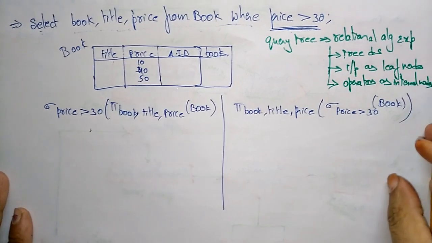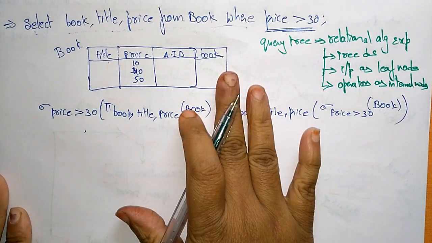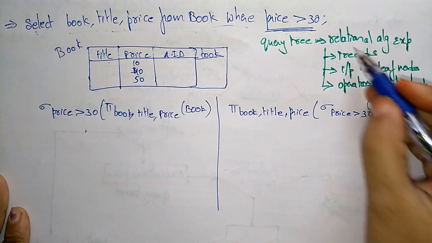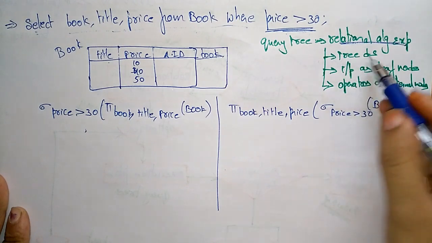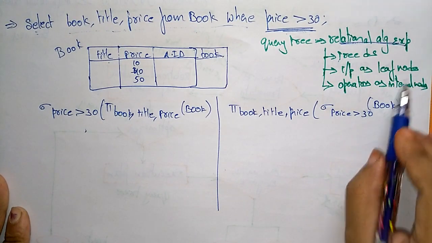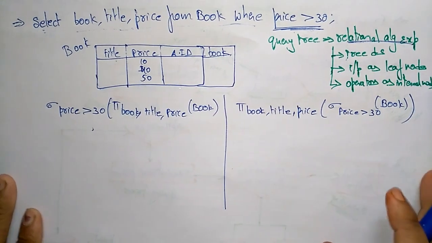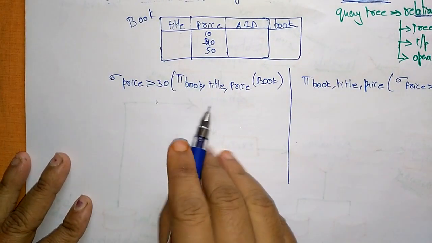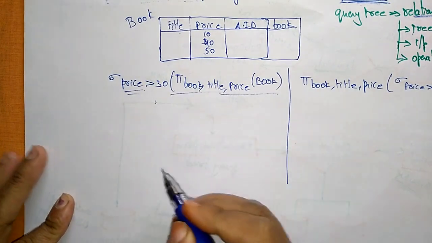So these will be the conditions. The query tree is used to represent the relational algebraic expression in the form of a tree data structure. The inputs are leaf nodes and the operators are internal nodes. Now let us see the query tree. This expression will now be converted into a query tree.